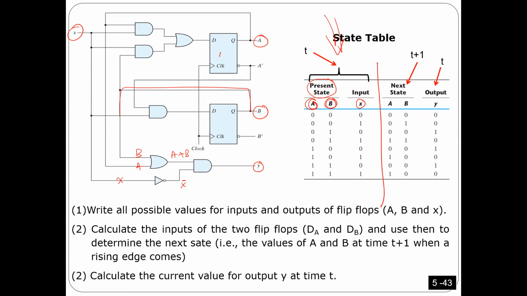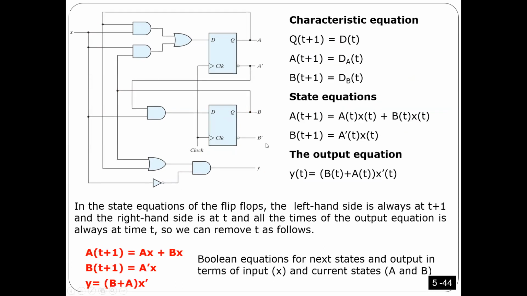So first of all, I need to get the equation for Y in terms of X, A, and B. Is that okay? Based on what you see here in the figure, that's what we call the output equation. So the output equation I have is Y at time t equal to B at time t, A at time t, before the clock comes, and X prime at time t.